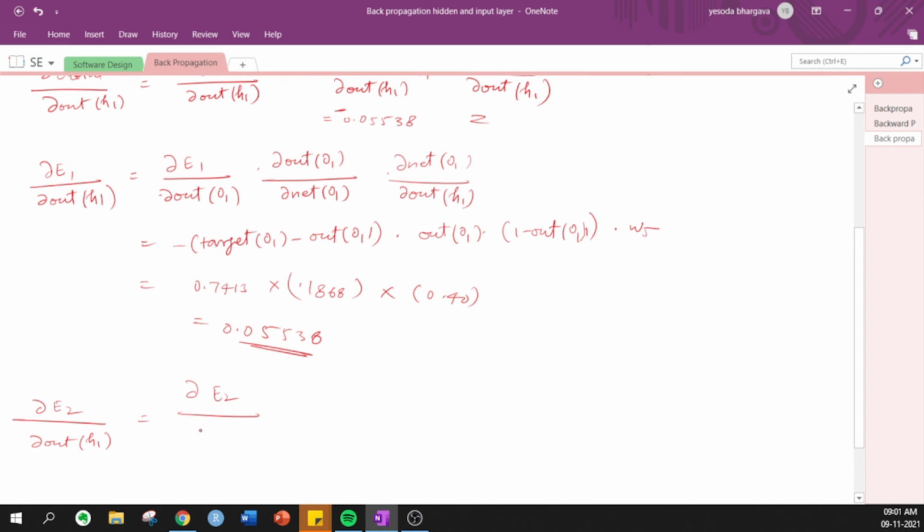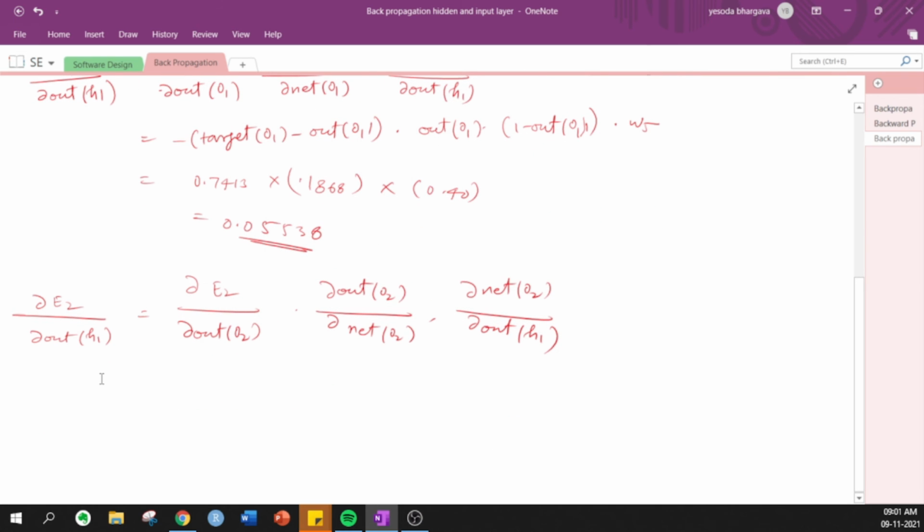Error 2 has output O2, so we take the partial derivative of E2 with respect to output of O2, then the partial derivative of output of O2 with respect to net O2, and then net O2 by output of H1. The partial derivative of error 2 with respect to output of O2 will be minus (target O2 minus output O2).